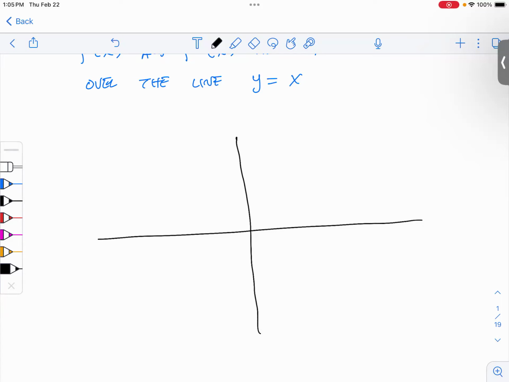So I'm just going to graph a restricted domain of the sine function. Okay, so this is, let's call it f of x.